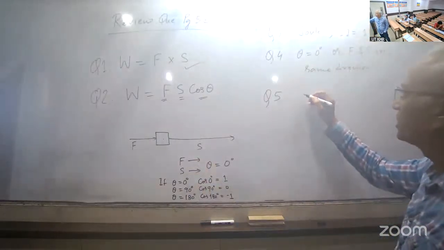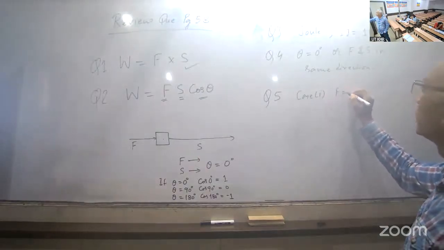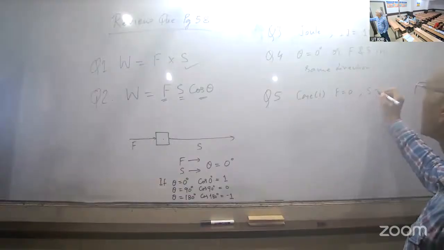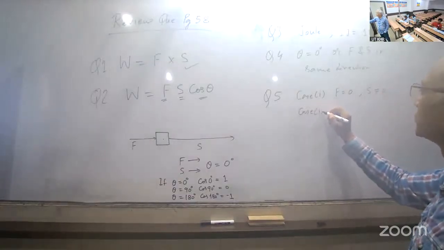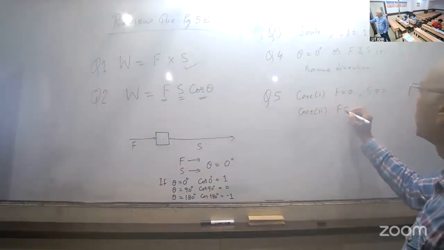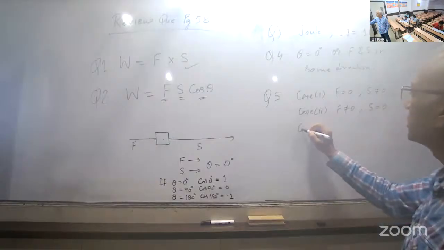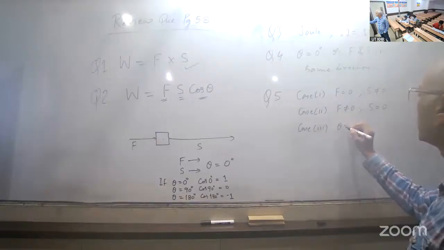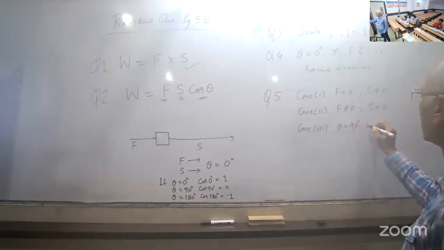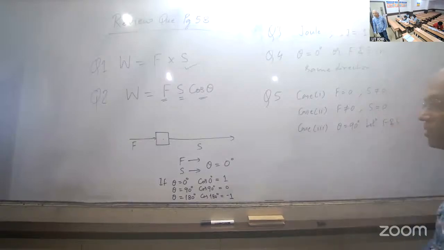So what are the three cases? Case 1, F equal to 0, S not equal to 0. Case 2, F not equal to 0, S equal to 0. Case 3, theta is equal to 90 degree between F and S. These are the three cases because cos 90 is 0.